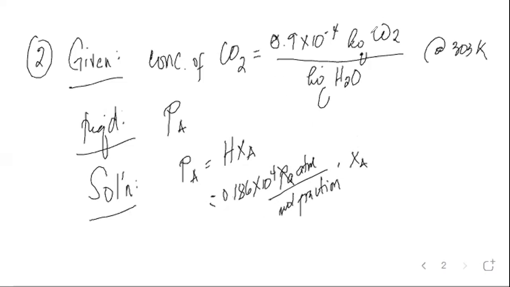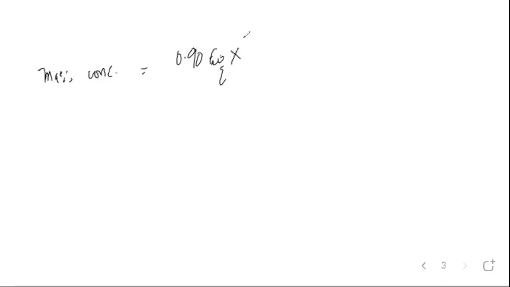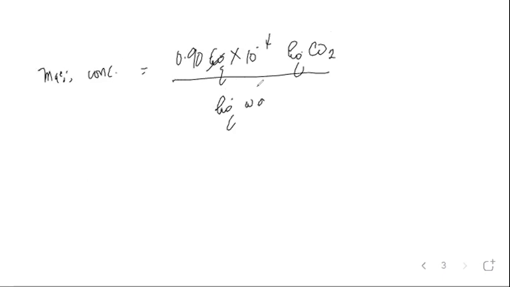So there's a need for us to convert in terms of the concentration that we're provided. So let's have another slide here. So the mass concentration is 0.9 times 10 raised to negative 4 kilograms CO2 per kilograms water.